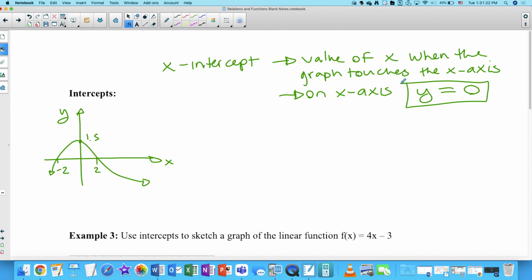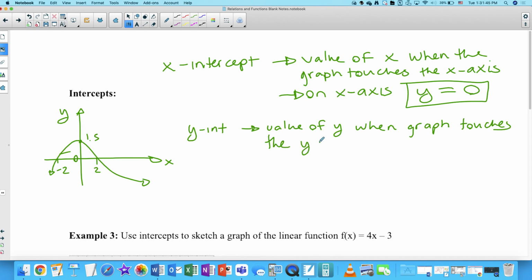is the value of y when the graph touches the y-axis. Okay? Now, wherever you are on the y-axis, again, you should know the value of one of the 2 coordinates.